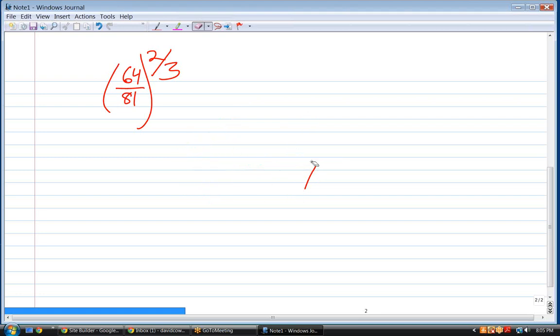In other words, the quotient to an exponent is equal to the numerator to the exponent divided by the denominator to the exponent. Now let's solve both of these separately. What's the numerator? What's the cube root of 64?